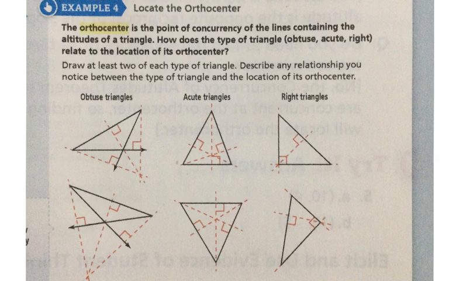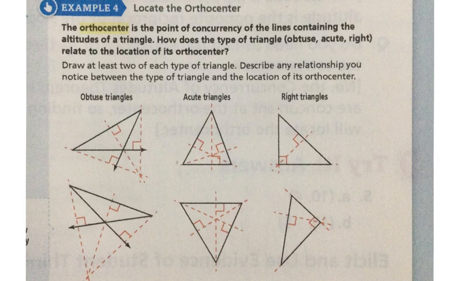Now, orthocenters can happen in random places depending on the kind of triangle you have. If I'm looking for the orthocenter of an obtuse triangle, that would be a triangle that has an angle bigger than 90 degrees, then the orthocenter is going to happen outside the triangle.